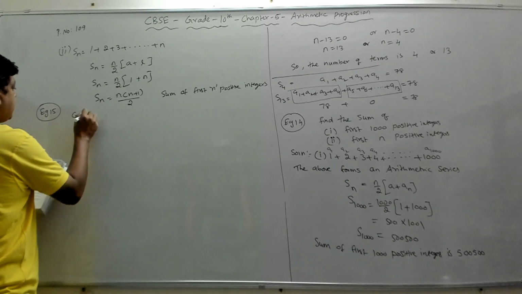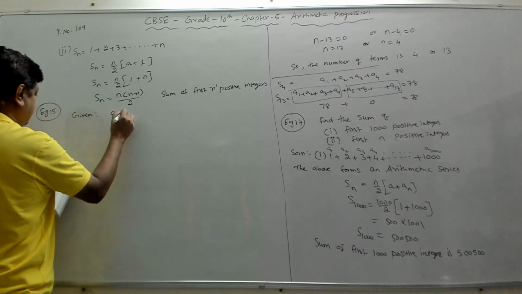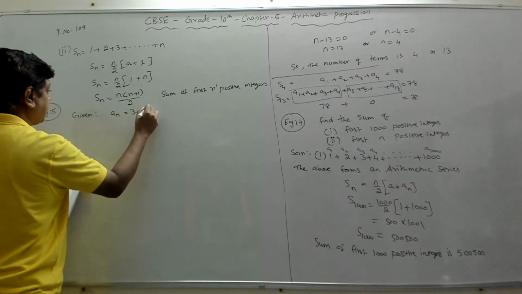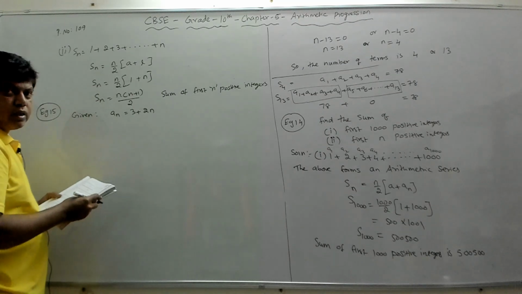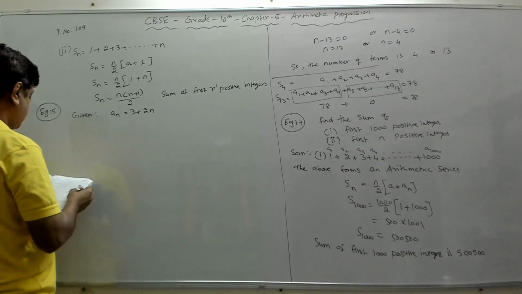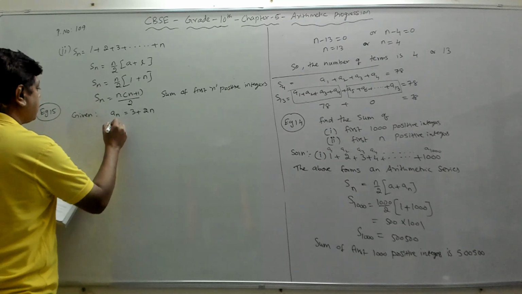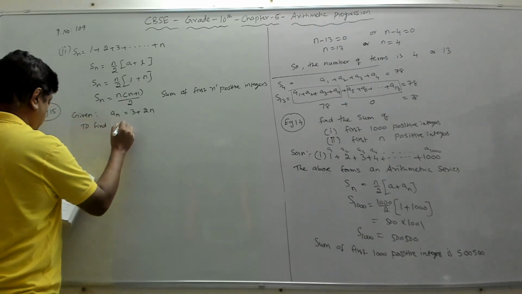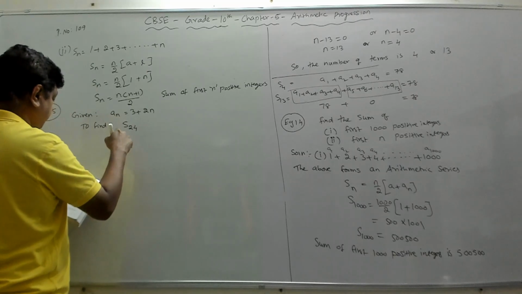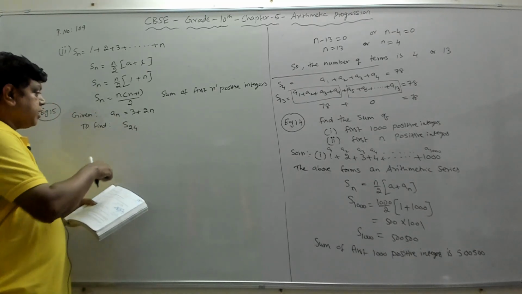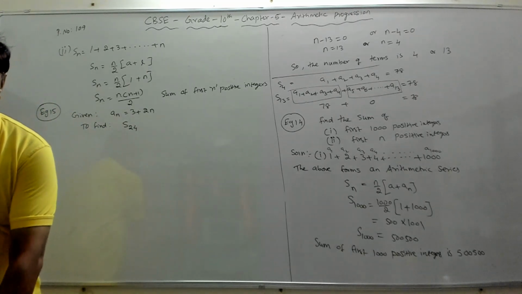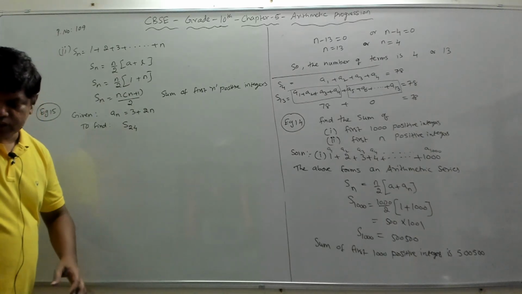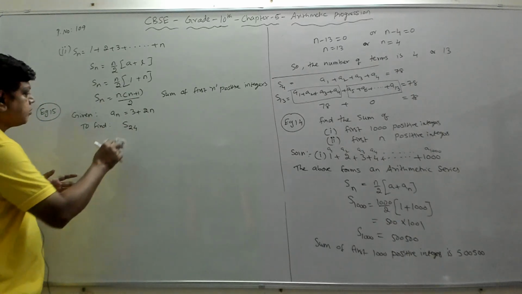They have given the nth term of the AP, an is given as 3 plus 2n. And we have to find the sum of the first 24 terms, which means we have to find S24.